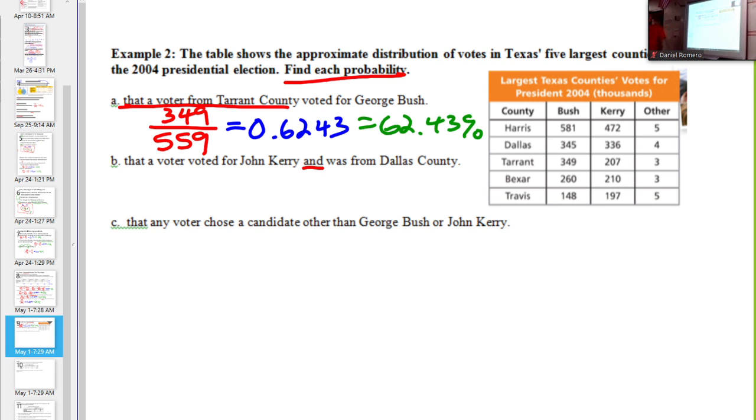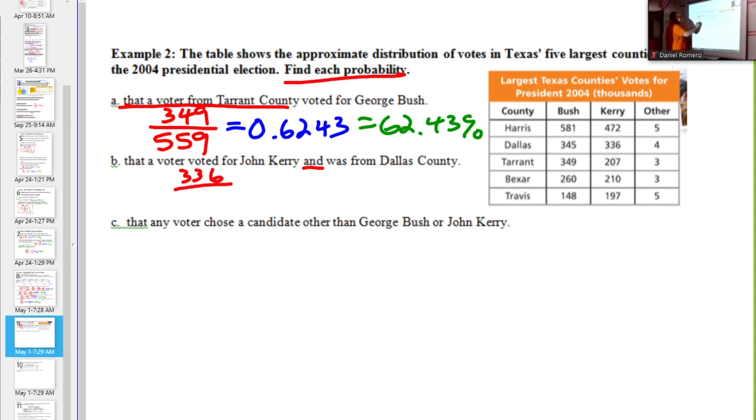And means intersection. How many people are in the intersection of Kerry and Dallas County? It is 326.